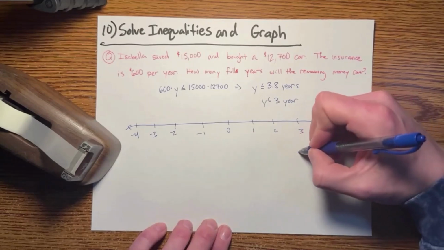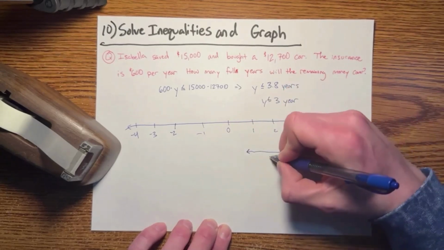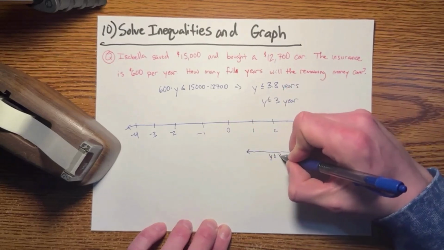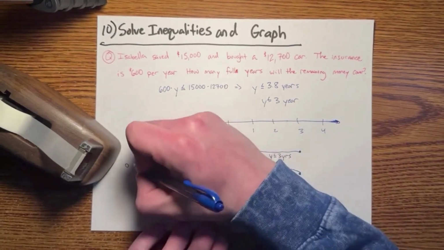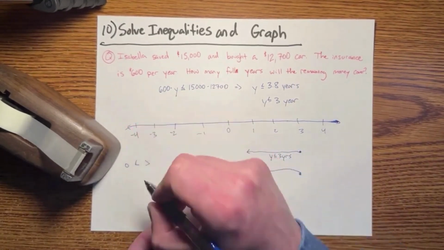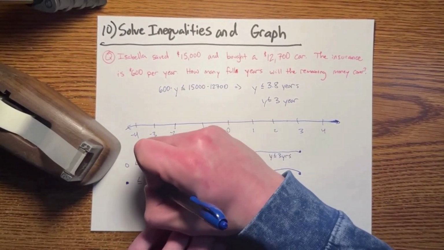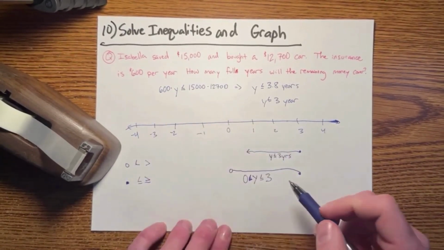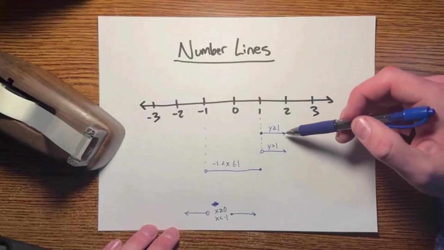We'll have a closed dot and then the line extending backwards. And that is y is less than or equal to 3 years. Anytime that you have an open circle, that means it's less than or greater than, but not equal to. Anytime you have a filled circle, that's going to mean less than or equal to or greater than or equal to. A little bit of clarification for number lines through examples here.